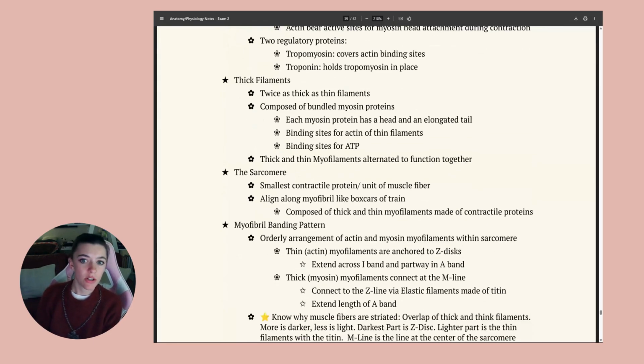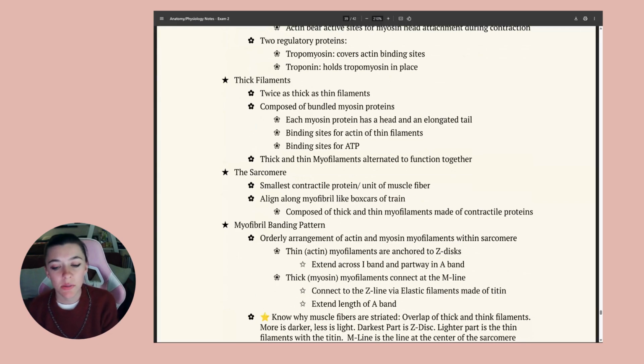Thick filaments are twice as thick as thin filaments, and they're composed of bundled myosin proteins. Each myosin protein has a head and an elongated tail, binding sites for actin of thin filaments, and then binding sites for ATP. Thick and thin myofilaments are alternated to function together.